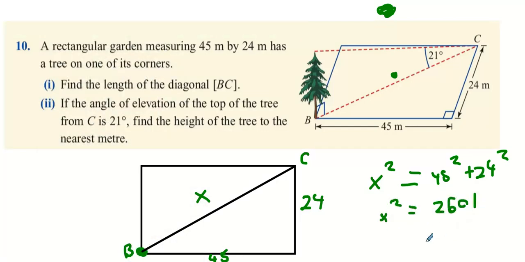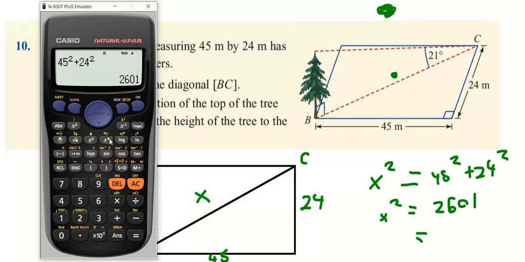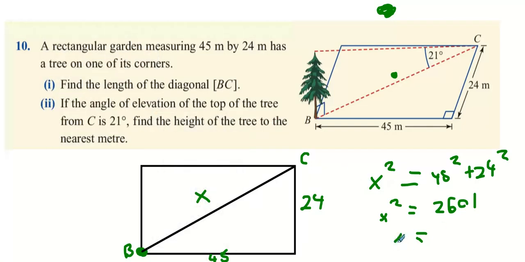Square root that to get your answer. You get an answer of 51. Okay, happy enough with that? 51 meters. The angle of elevation from the top of the tree is 21 degrees. Find the height of the tree correct to the nearest meter.